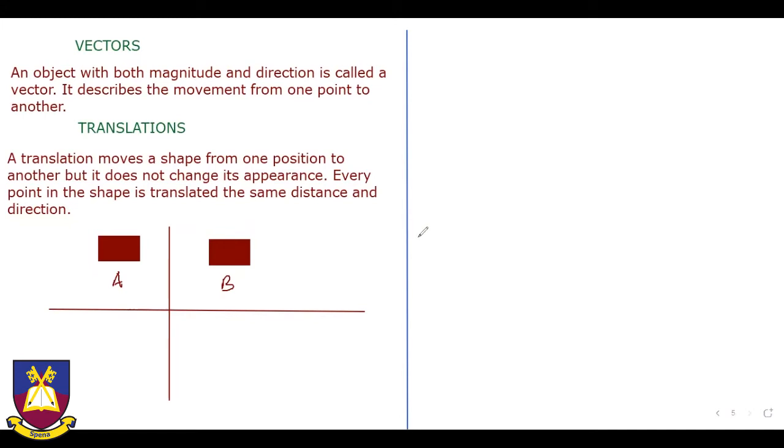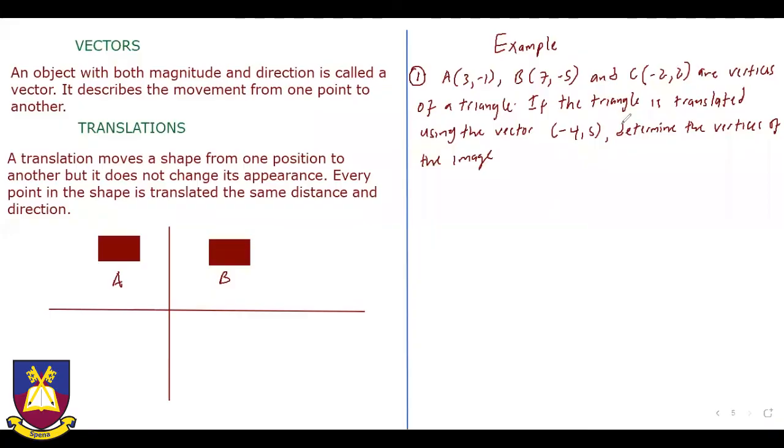Let's look at just one example about translation of figures. A is the point 3, -1, B is 7, -5, and C is -2, 2. And these are vertices of a triangle.